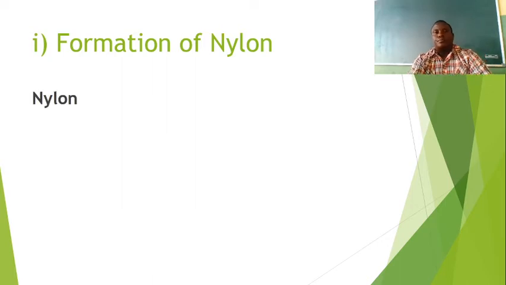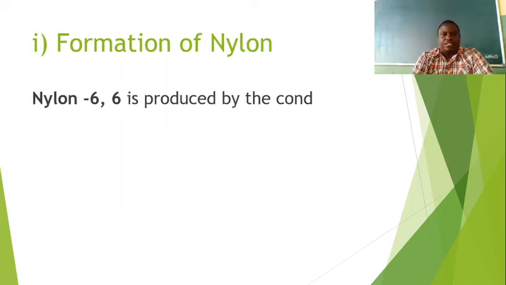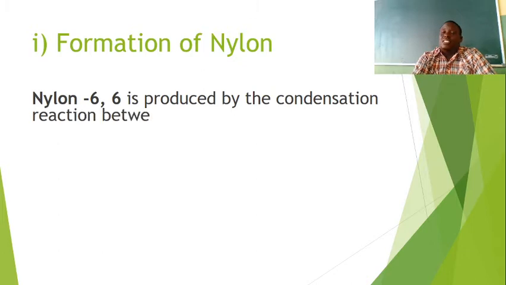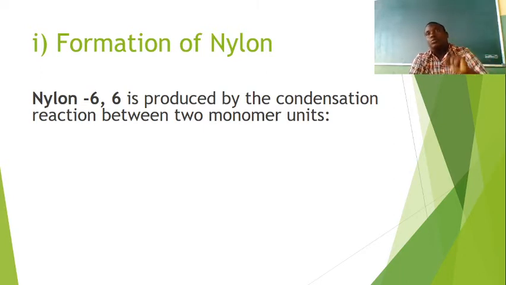So nylon 6,6 is produced by the condensation reaction between two monomer units. As I have told you, we need two different or identical functional groups.